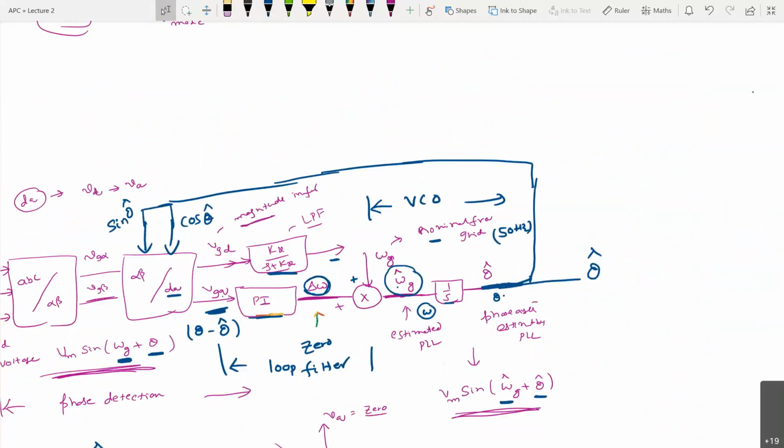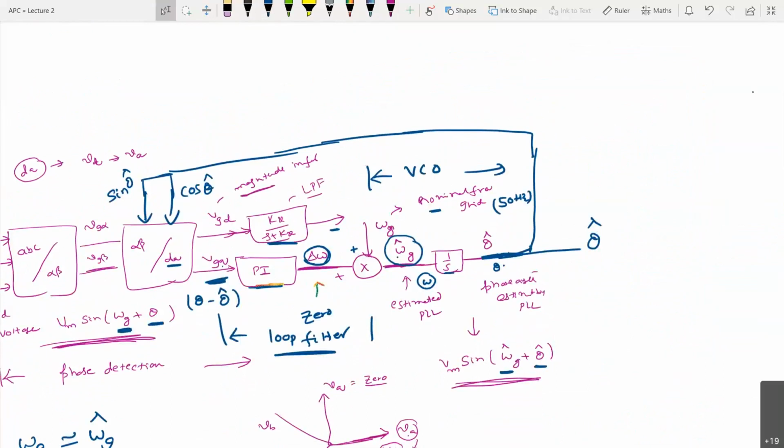You're detecting the phase, and then there is the loop filter. The characteristics, or the dynamics, of this PLL depend on the loop filter. Again, we need to properly tune this PI controller to make the steady state error zero. And if you have some angular speed, it is converted into the phase angle using a voltage controlled oscillator.